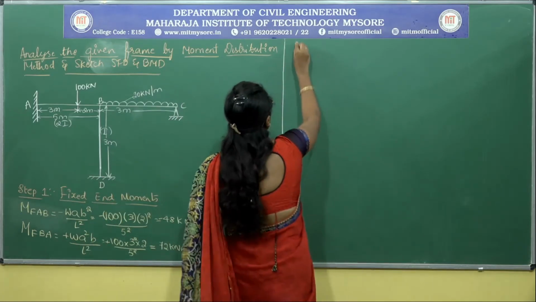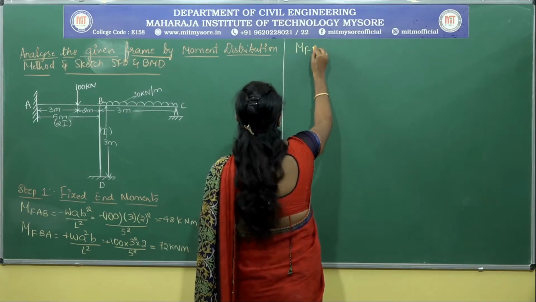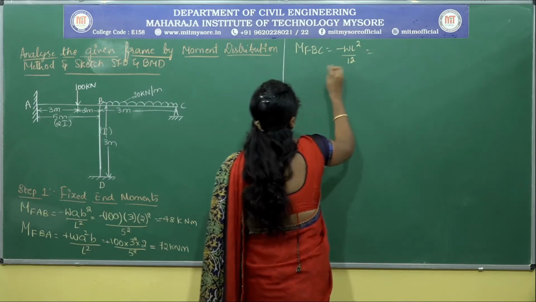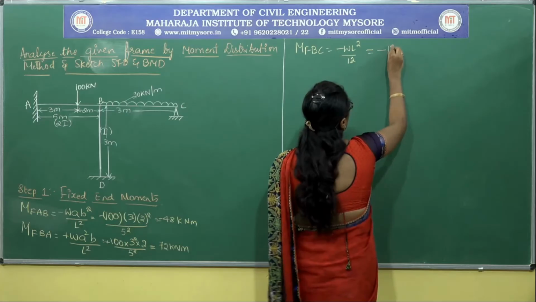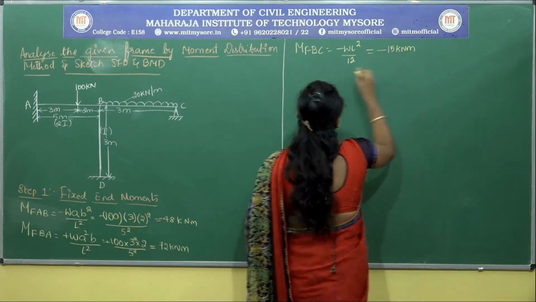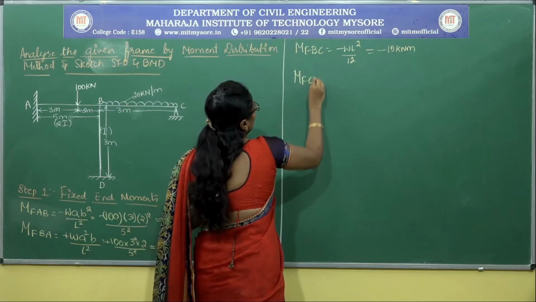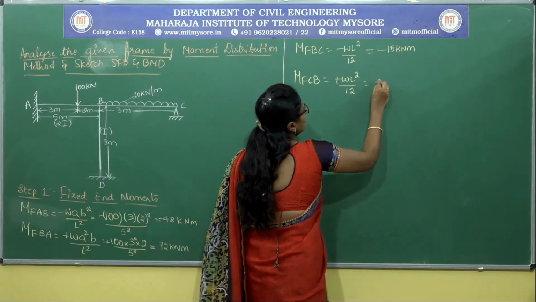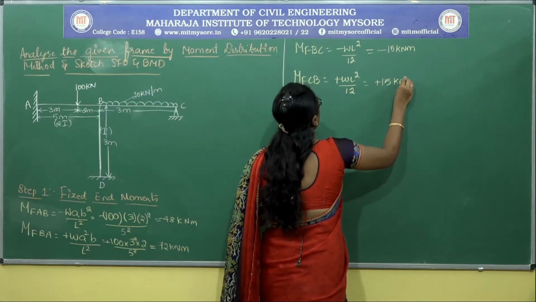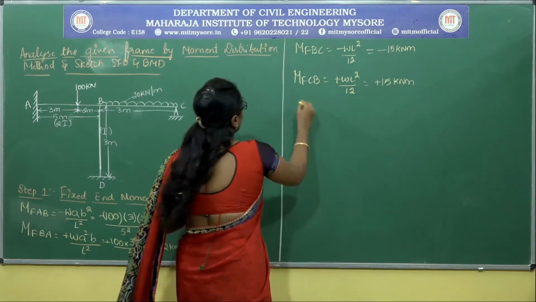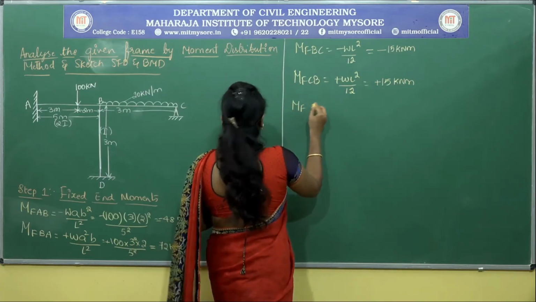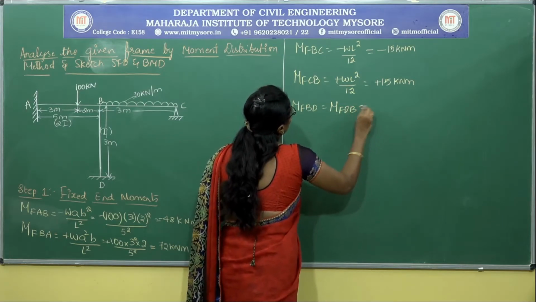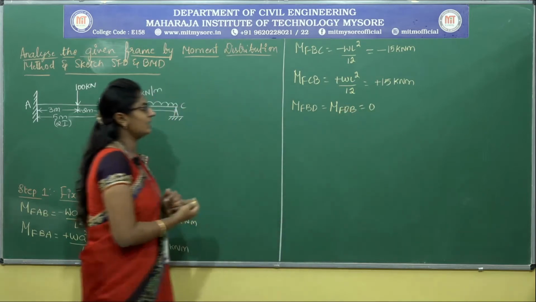Next, MF BC is minus W L square by 12, which is equal to minus 15 kilonewton meter. MF CB is plus W L square by 12, which is equal to plus 15 kilonewton meter. Then MF BD equal to MF DB equal to 0, since there is no extra load acting.